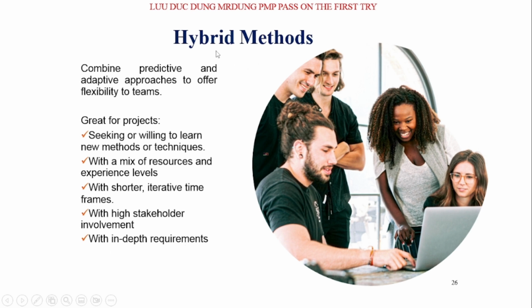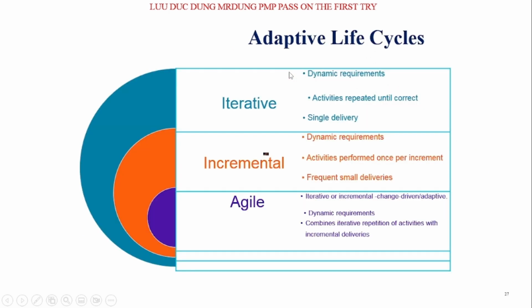For the adaptive life cycle, we have three methods. Iterative: dynamic requirements, activity repeated until correct, single delivery.